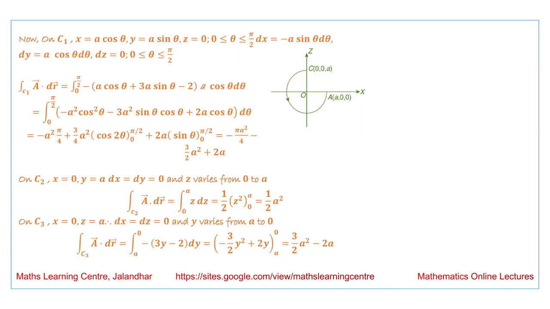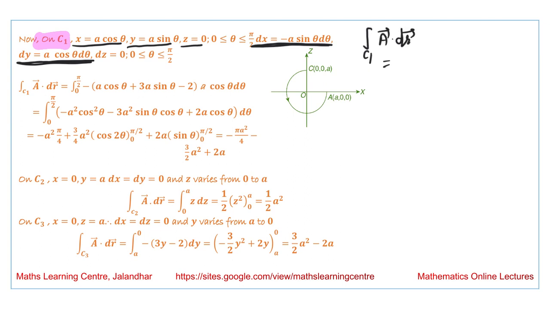Now if we calculate this integral on C1, the equation we have over here is x is equal to a cos theta, y is equal to a sin theta, z is equal to 0. The value of dx we obtain is minus a sin theta d theta. Dy we have is a cos theta d theta. So when we evaluate this integral, it is integration over C1 of the vector A dot dr vector.